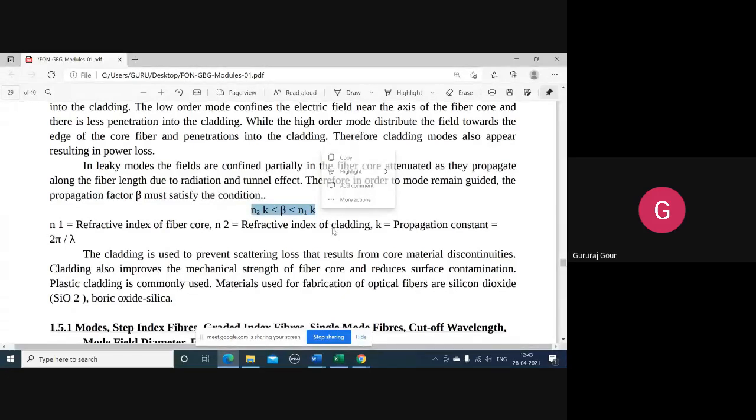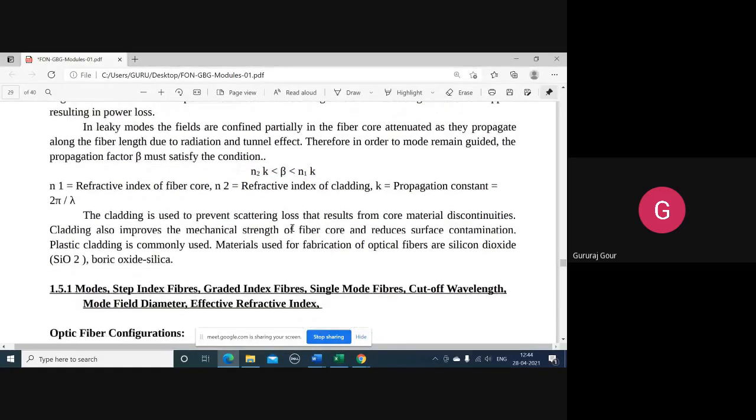It doesn't mean that the higher order modes at the edge of the core wall always result in loss of information and we cannot use them. We can make use of them by satisfying this phase constant. Also, the cladding is used to prevent scattering loss. That is another aspect apart from the phase constant control. We can use a different type of cladding that will bring down the loss.